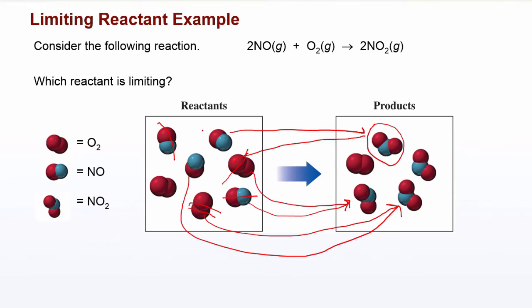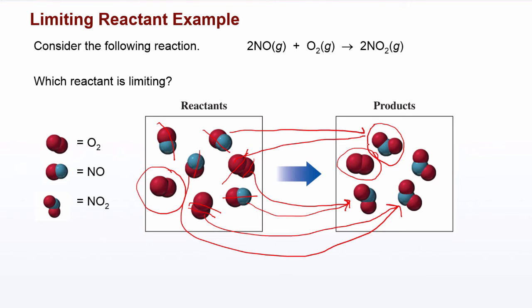So we've actually used up all of our nitrogen monoxide here. We've used up both of these oxygens, and we've used both of these oxygens. So we've got a leftover oxygen, and that is what this is as well, a leftover oxygen. So our oxygen is left over. We've got one of those.